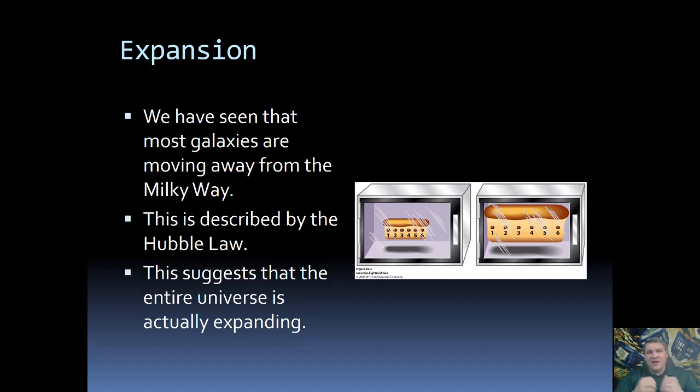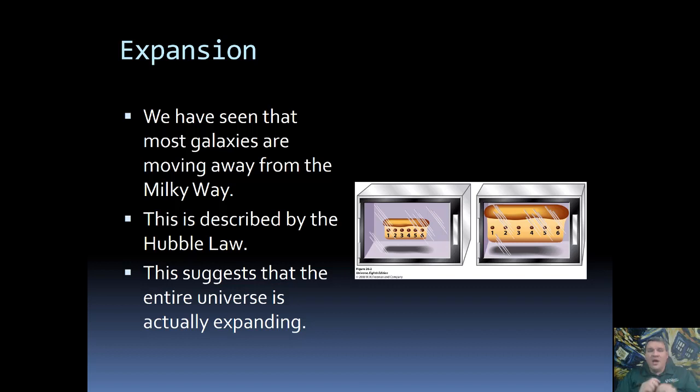So according to Hubble's law, we see most galaxies moving away from us. If we then move to some other far distant region of the universe, to some far distant galaxy, they must see the same thing. They must also see galaxies moving away from them. And then if we move to some other far distant galaxy, they must also see most galaxies moving away from them.